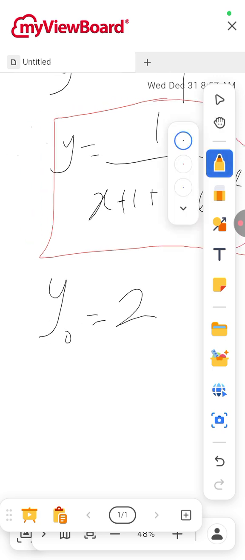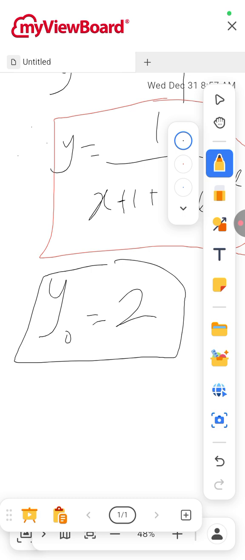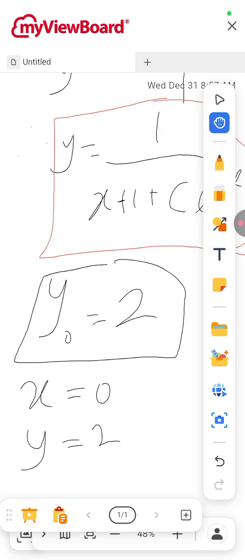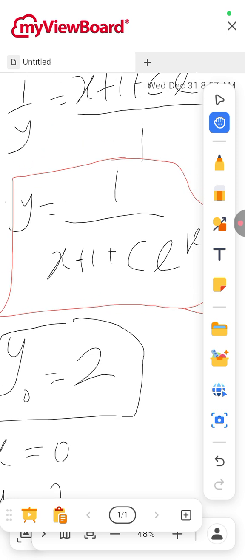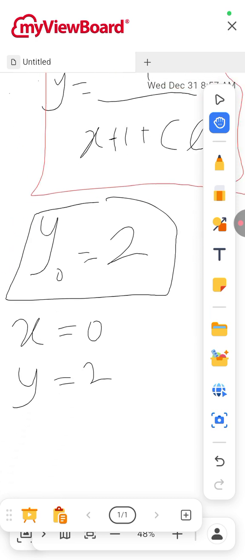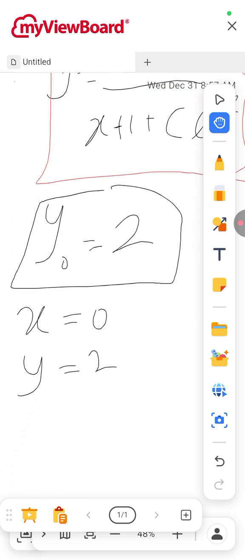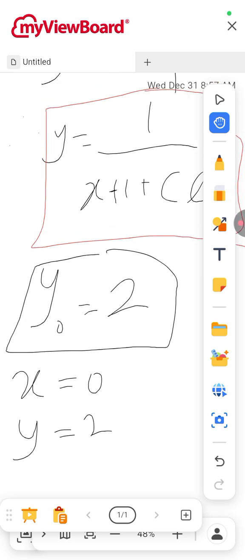So they will give you an initial value. This initial value here means when x is 0, y at that point is 2. So go to this general solution, anywhere you see x you put 0, anywhere you see y you put 2.